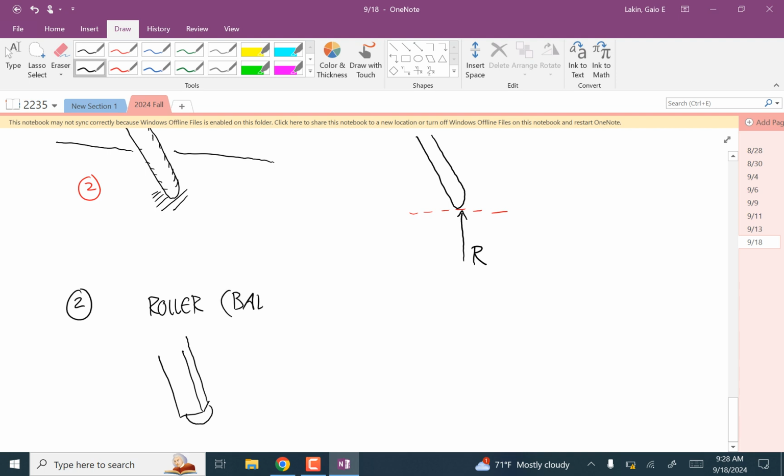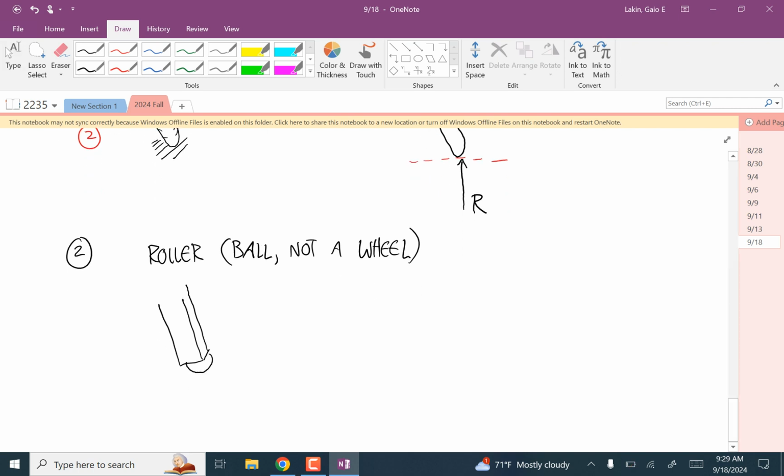And this is like a ball, not a wheel. The reason this is a ball and not a wheel is that this can't have any preferred direction. If you see a wheel drawn in a 3D problem, what it's implying is that it can roll along the direction the wheel's pointing, but it can't slide. So that would have a preferred direction. This doesn't have a preferred direction.